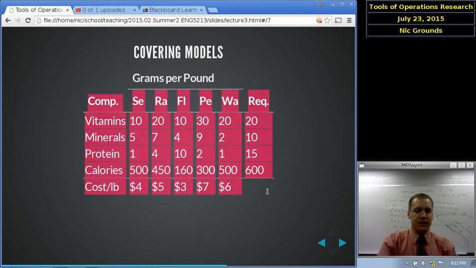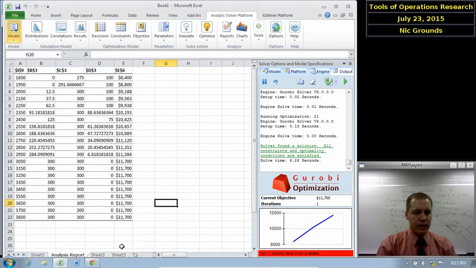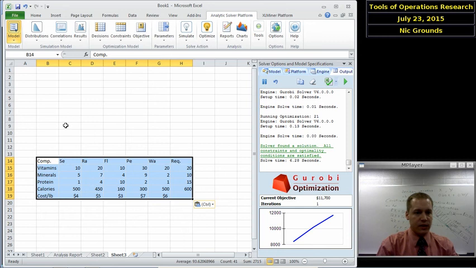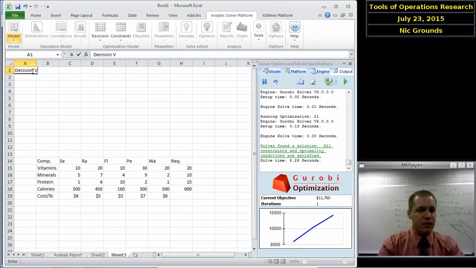So let's take this information and copy it into Excel. We're going to create a model to solve this. I'm going to put it down here so it's a little bit out of the way. So let's again start with our decision variables. So we have seeds, raisins, flakes, pecans, and walnuts.